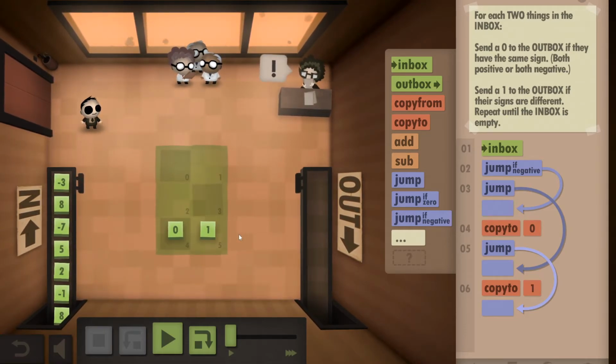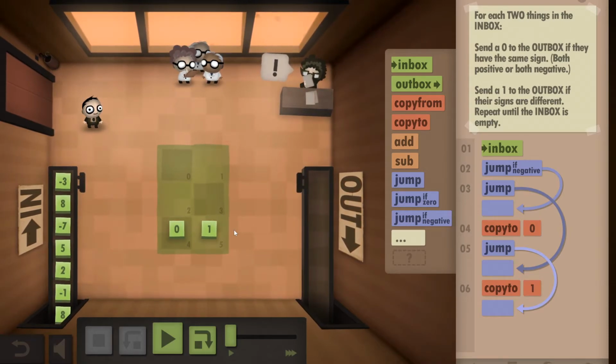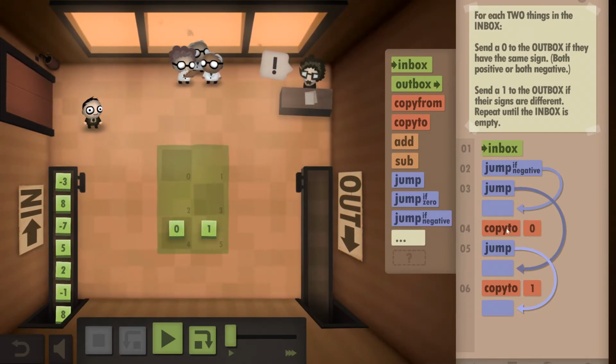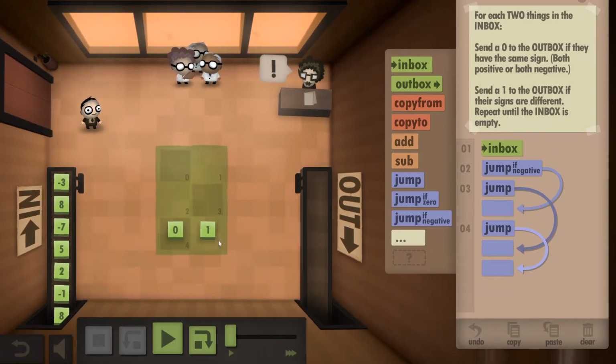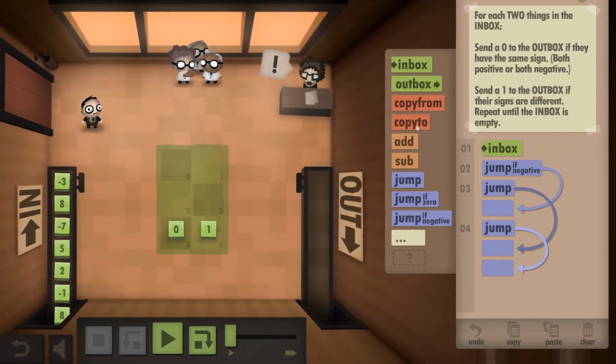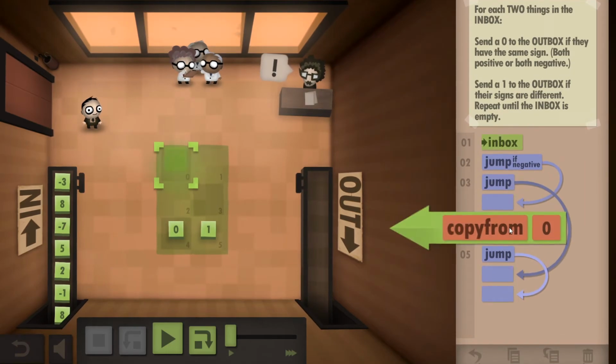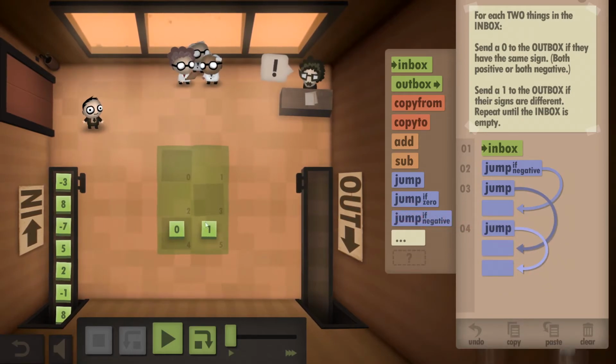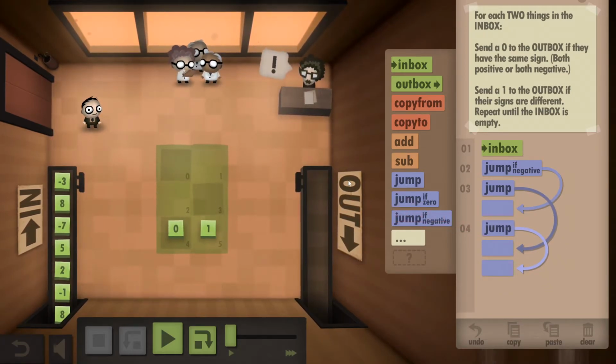So basically what I want to do is, if the number is negative, let's use 0 as our negative flag. So if the number is negative, I want to pick up a 0. Well, really there's no need to do that, because adding a 0 to things is unnecessary.